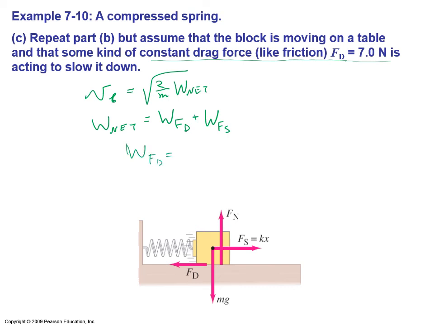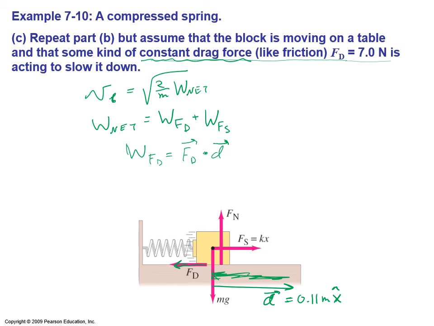Well, this is nice because at least the drag force is constant. Okay, it's a constant drag force. So we can just use this simple relationship, right, where F_D dot with the displacement. Okay, well, the displacement is entirely in the positive x direction, right? And how much did the thing move? 0.11 meters x hat would be the displacement.